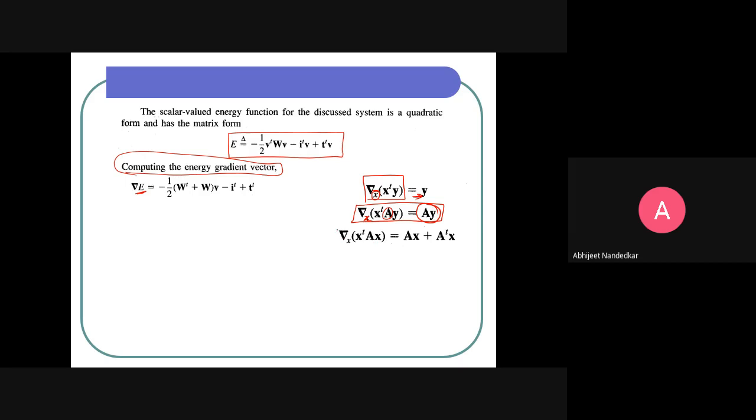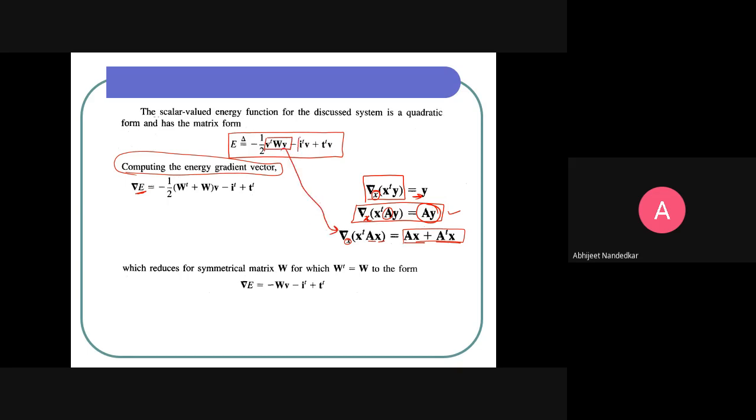Then when I take the gradient of x transpose Ax, in the previous equation it was x transpose Ay, now here it is x transpose Ax. So if I take the gradient with respect to x, then it is Ax plus A transpose x. Okay, you can check this in an algebra book. Now when I take the gradient of this energy with respect to V, this is similar to this thing.